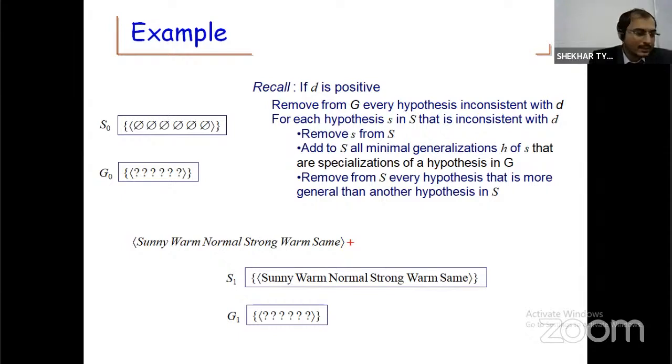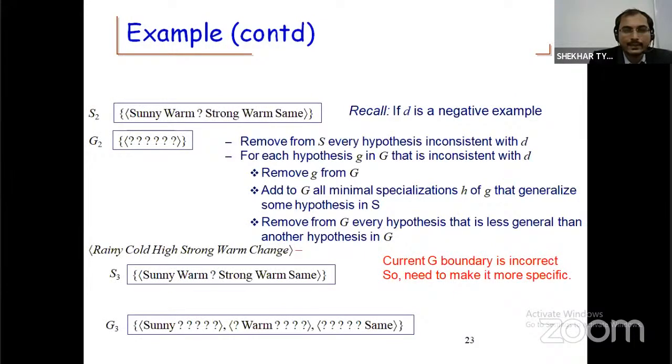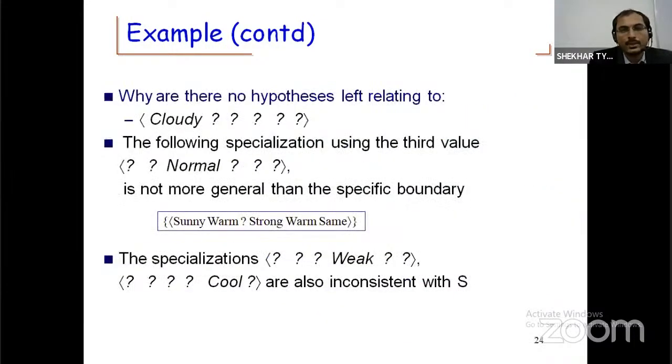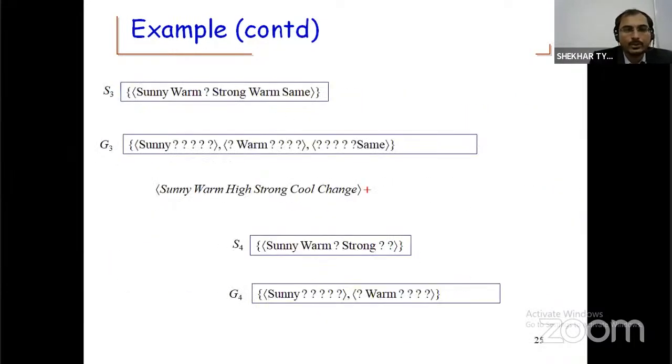So here you can see that S1 and G1 are some values that we have, and we have deployed the algorithm in an approach that removes the negative training sets. These are some of the positive training sets that we have just analyzed.